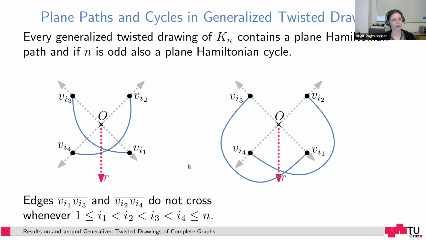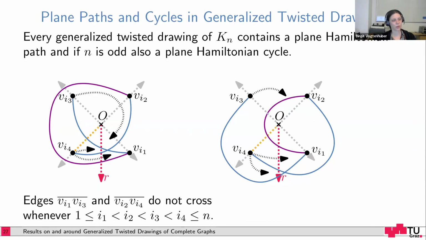They're drawn crossing here, but this crossing cannot exist because in each of those cases, no matter how we try to complete the drawing, we're not going to be able to complete it to a generalized twisted drawing where every edge crosses the red ray.